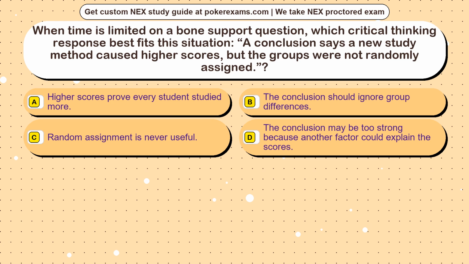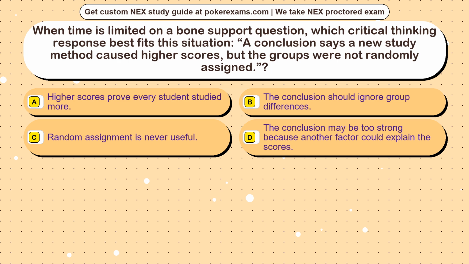Question 5. When time is limited on a bone support question, which critical thinking response best fits this situation? A conclusion says a new study method caused higher scores, but the groups were not randomly assigned. Option A, higher scores prove every student studied more. Option B, the conclusion should ignore group differences. Option C, random assignment is never useful.